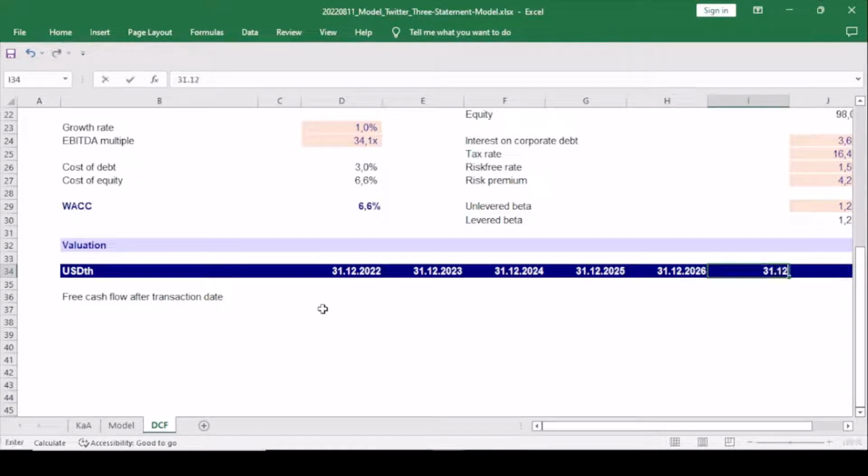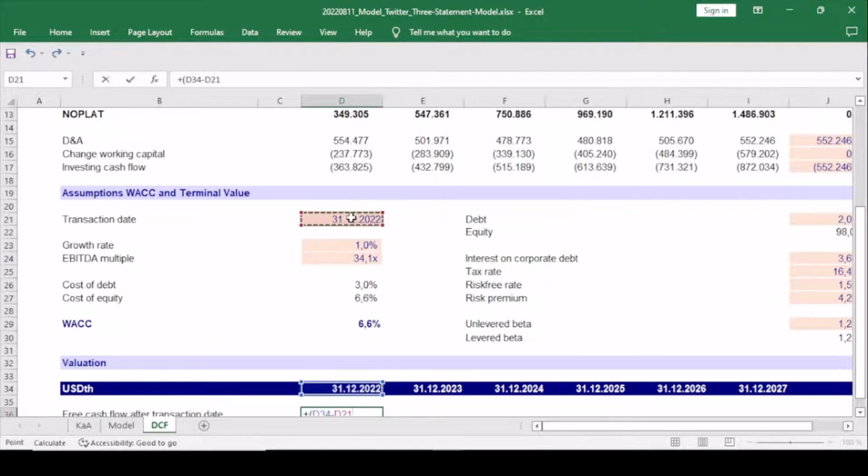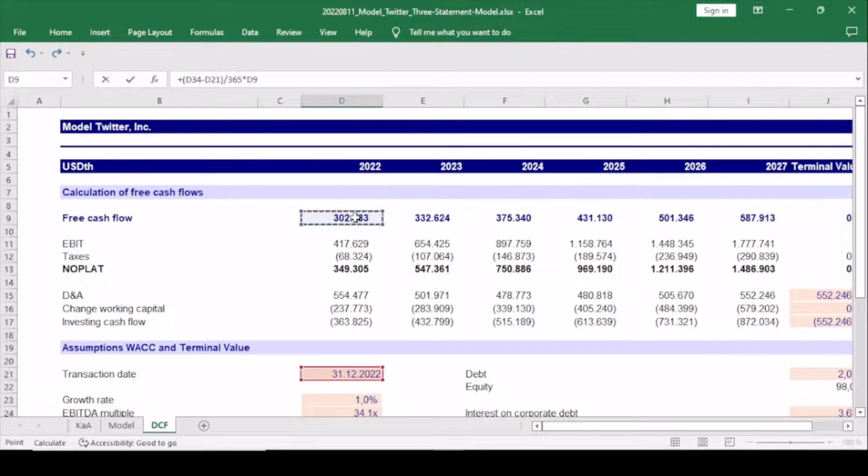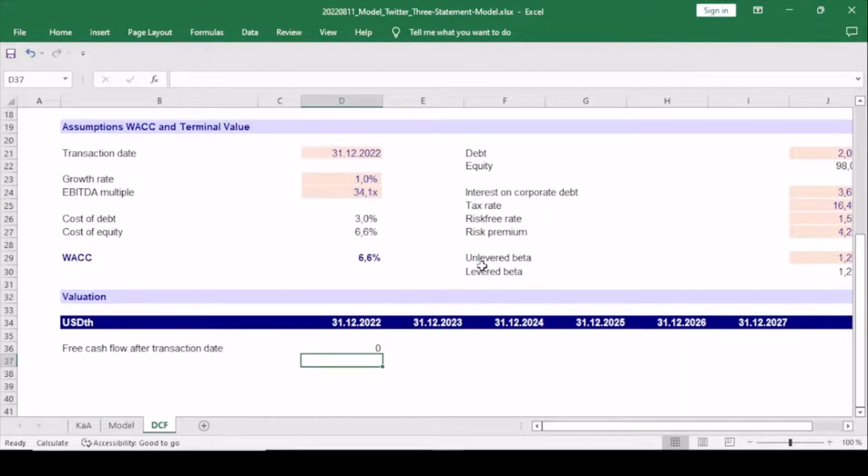We simply plug in the dates of our cash flows to calculate the respective portion we want to consider when calculating the free cash flow of the respective year.